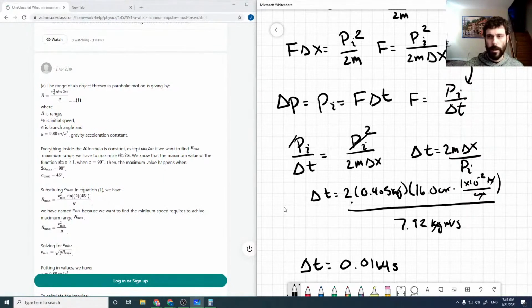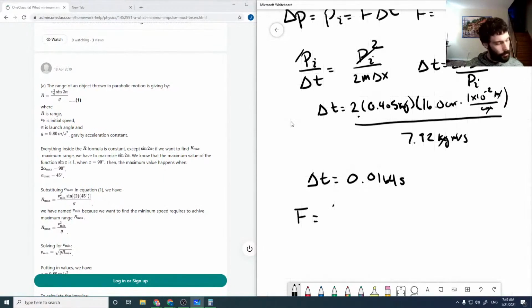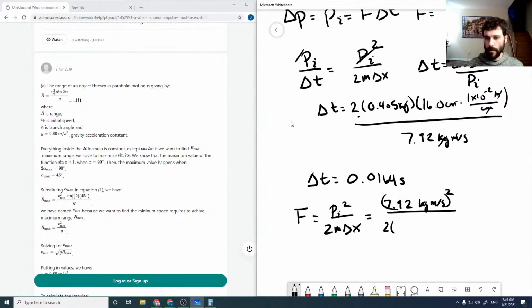So we can say it's Pi squared over 2m delta x. So 7.92 kilogram meters per second squared over 2 times our mass times our delta x, which is 16.0 centimeters, times 1 times 10 to the minus 2 meters per centimeter.